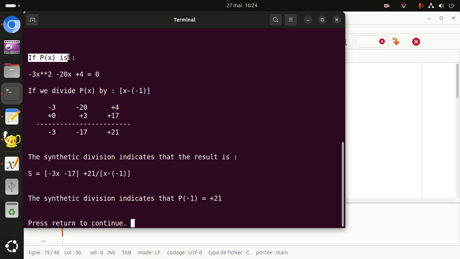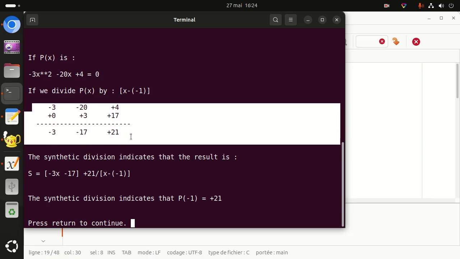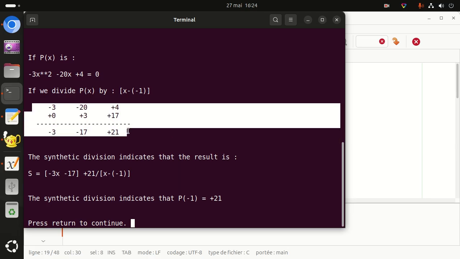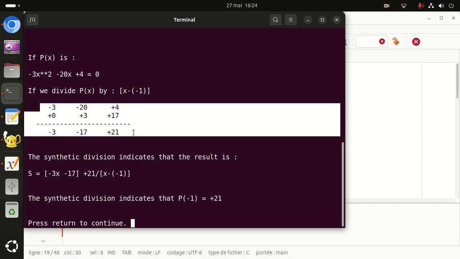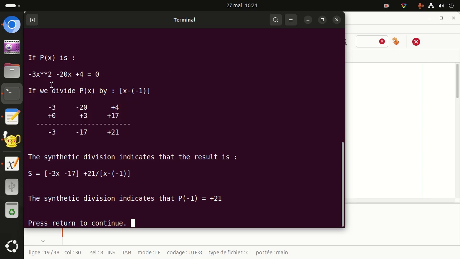If p of x is this polynomial, minus 3x power 2 minus 20x plus 4, the algorithm of the synthetic division is this. The first thing, I must copy the coefficients of the polynomial in the synthetic division.